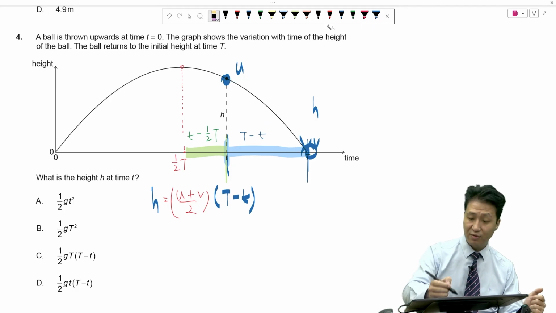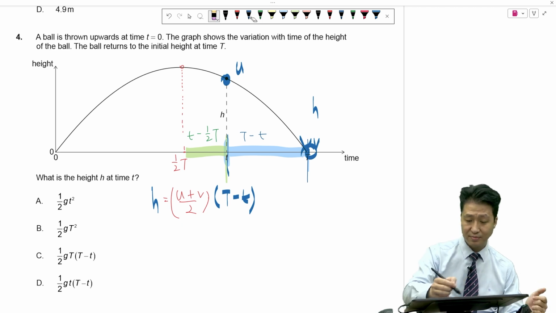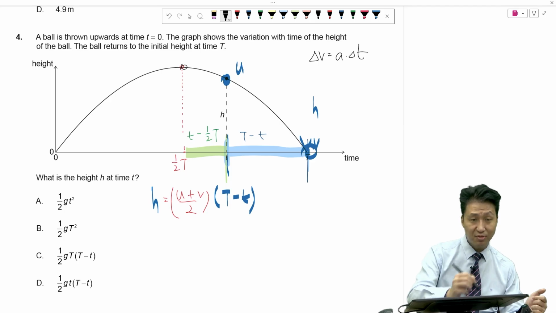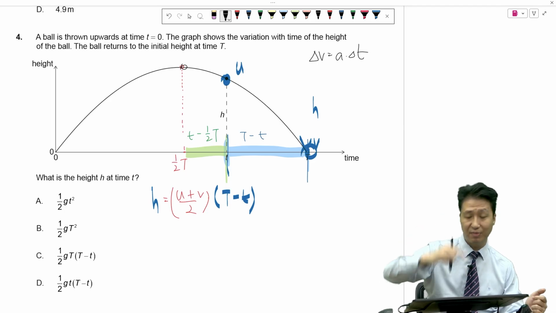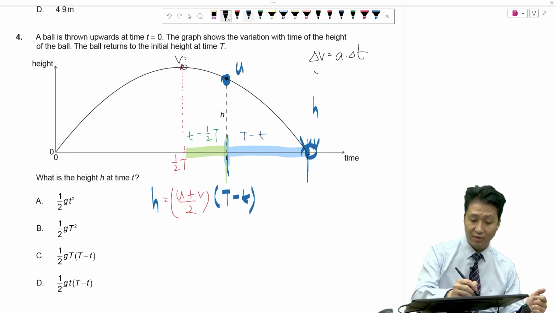Next, you have to actually find the initial and final velocities, and this is relatively easy. The change in velocity is acceleration times the change in time. And to make it easier, you should probably use this maximum displacement point, the maximum height, as the place where you start, because here the velocity is 0.